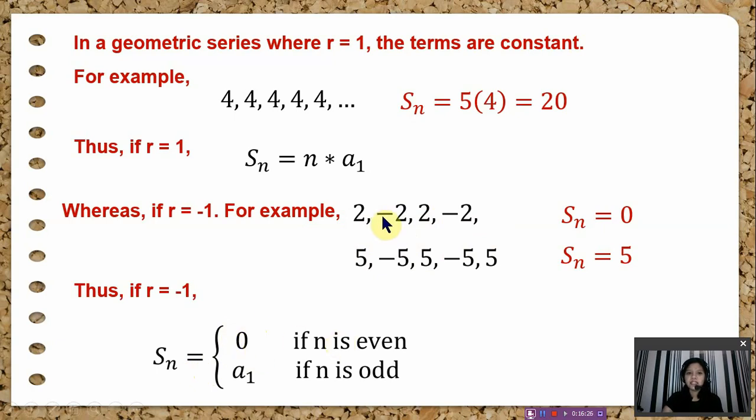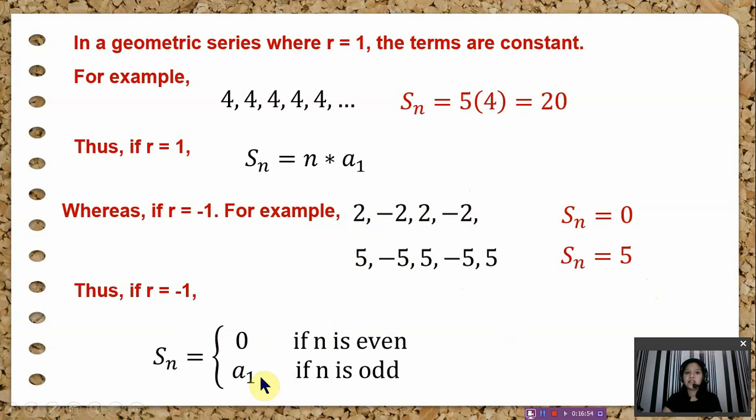Why? Kasi magiging partner-partner lang siya. So, 2 minus 2 is 0. The other one, 2 minus 2 is 0. So, kapag even siya, partner-partner, lahat makakancel lang. So, ang magiging sum niya ay 0. Kapag naman odd ang ating number of terms, ang matitira dyan is yung first term, while the rest would be cancelled out.